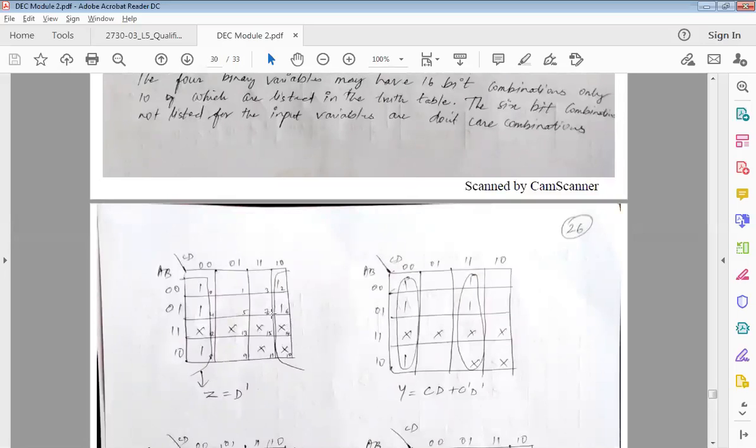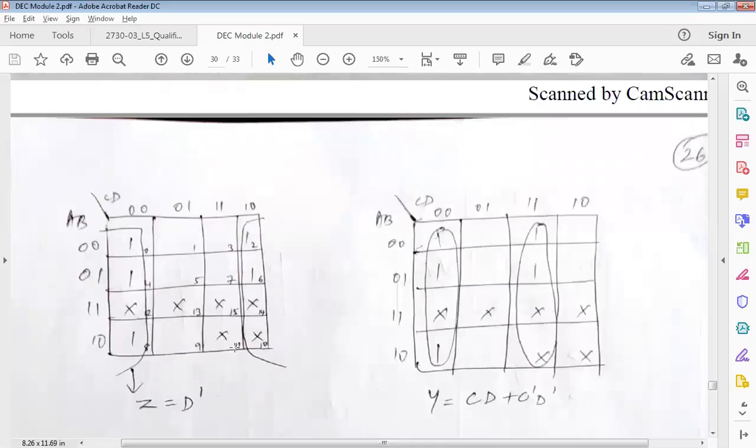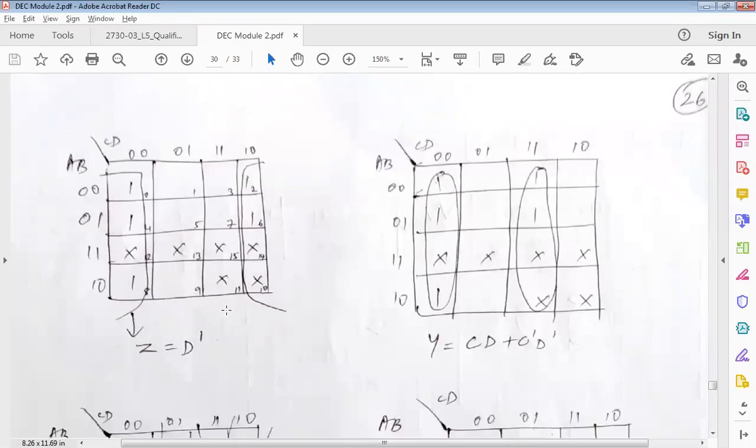See, till 9 I have. I hope you can see my screen clearly, right? So 10, 11, 12, 13, 14, 15, all these values I do not have. So I will just put them as don't care. Don't care can either become 0 or it can become 1. So I will use it for my benefit. Understood? Understood. So what is my benefit here?